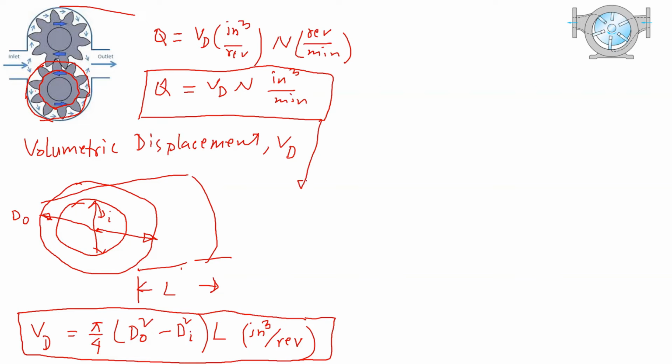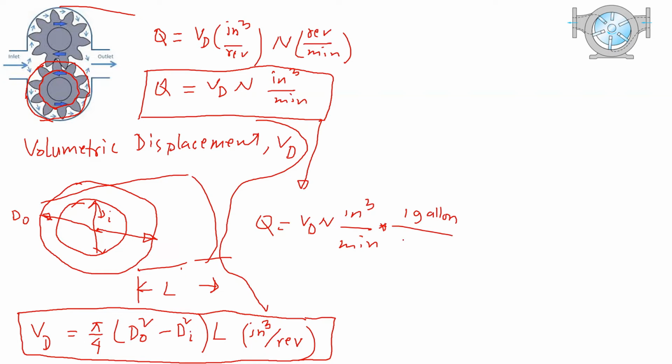So to make gallons per minute, Q is equal to VD times N in inch cube per minute. We know that 1 gallon is 231 inch cube.